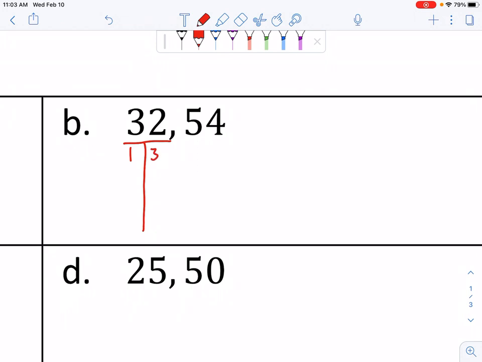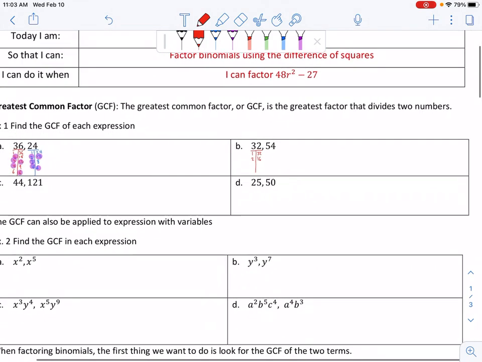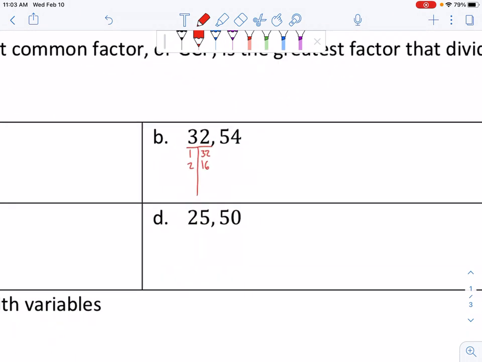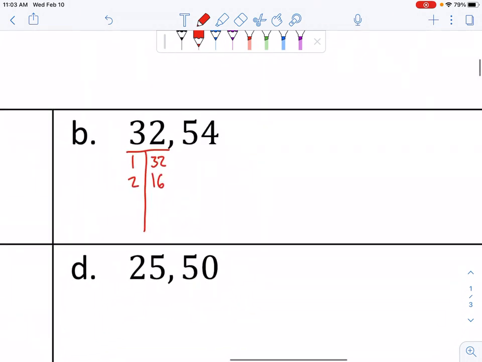So 1 and 32, 2 and 16, 3 doesn't work, 4 and 8, 5 doesn't work, 6 doesn't work, 7 doesn't work, and we're back to 8, which we already listed here. So these are our factors.